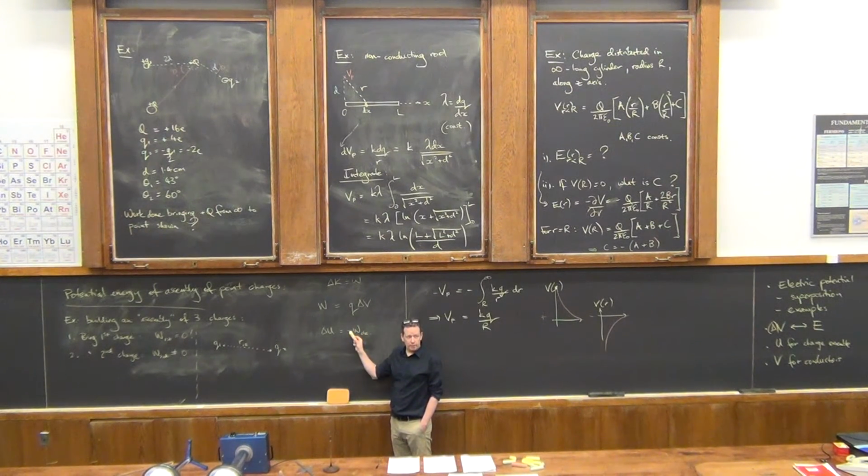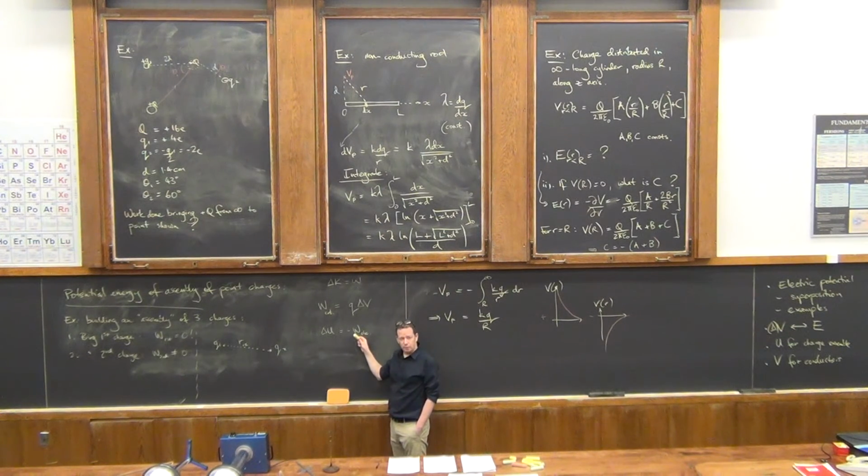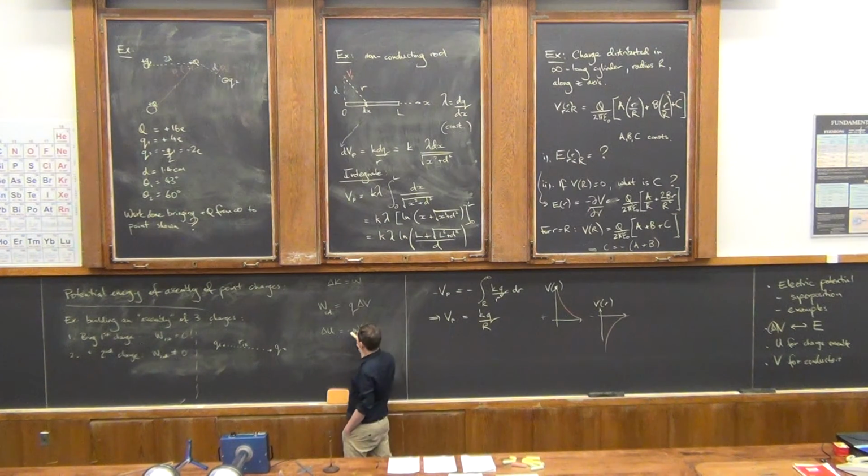So the work that I do is equal and opposite to the work done by the electric force. Okay? So that's a concept we talked about in a mechanical setting in the first semester, and I just want to make sure it's clear. This is my external agent. The work I do is equal and opposite to the work done by the electric force. So in this case, the potential energy now is this.